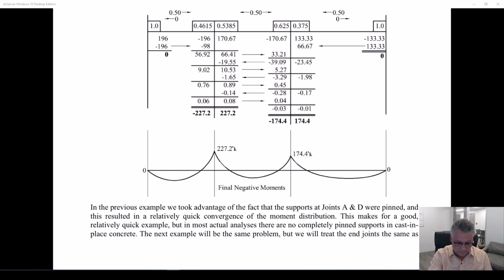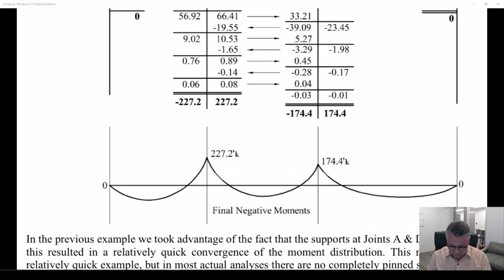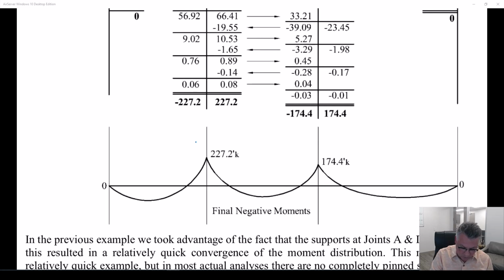What's so great about moment distribution? You end up with these negative moments. What's great about it is now every part of this beam is statically determinate. Pretty sure I had one kip a foot on this one.